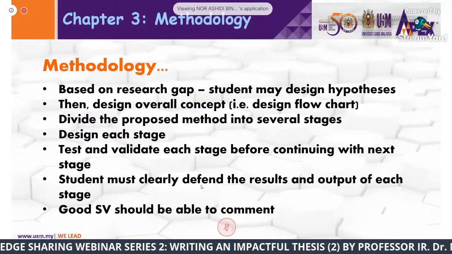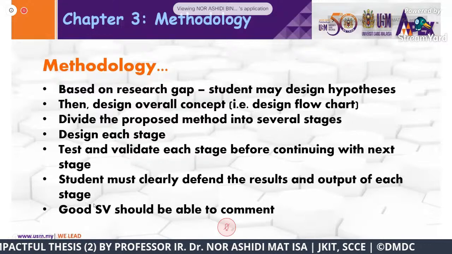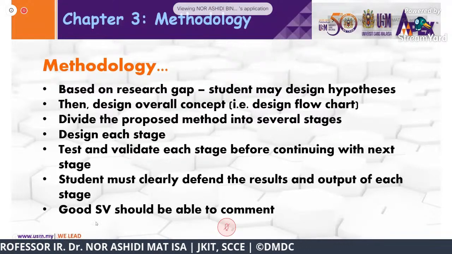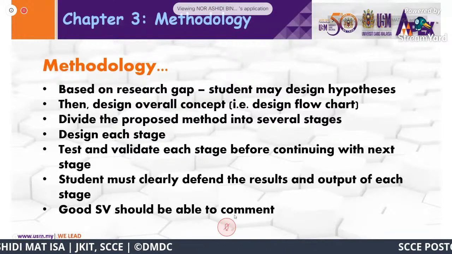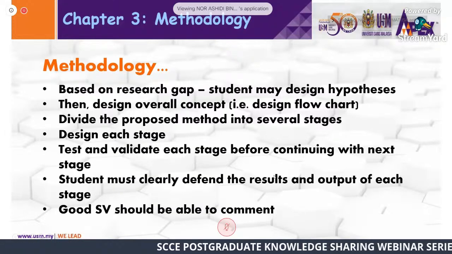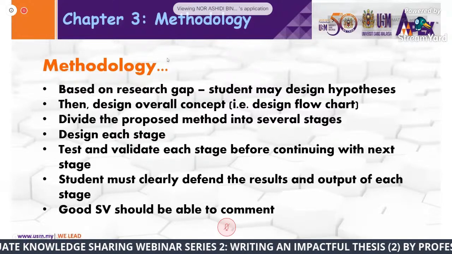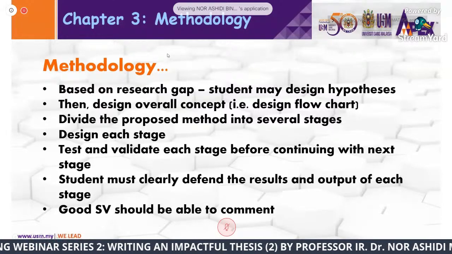The student must clearly define the results and output of each stage. And then a good supervisor should be able to comment on those results and outputs. They must work together here in order to make sure that your methodology is up to PhD or master level.